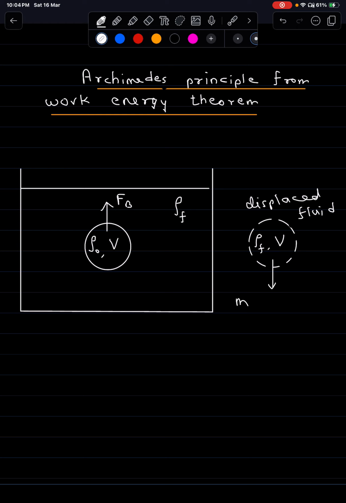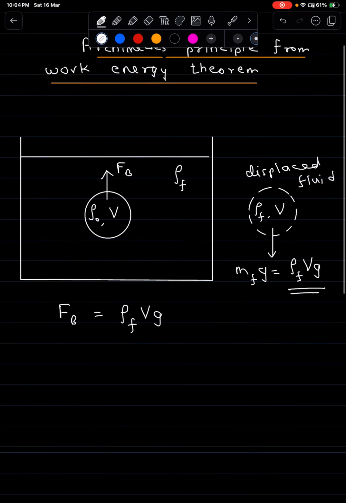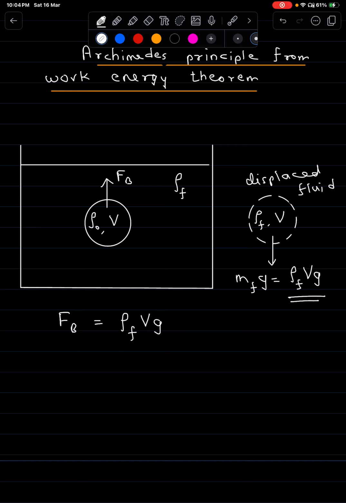It will be the mass of the displaced fluid into g, and mass can be written as density into volume, multiplied by g will give the weight. So this is nothing but the buoyant force. The Fb, the buoyant force or the upthrust acting on the object in the upward direction, will be equal to rho f into V into g. This is the buoyant force acting on the object in the upward direction.